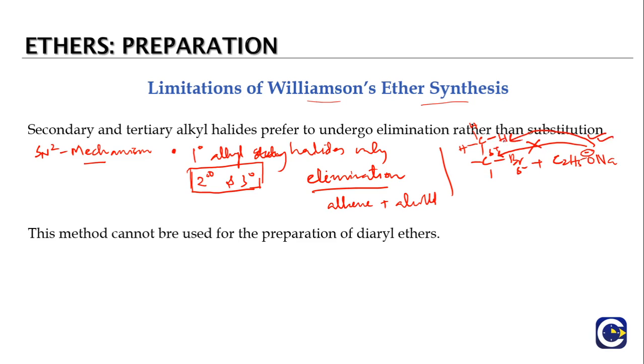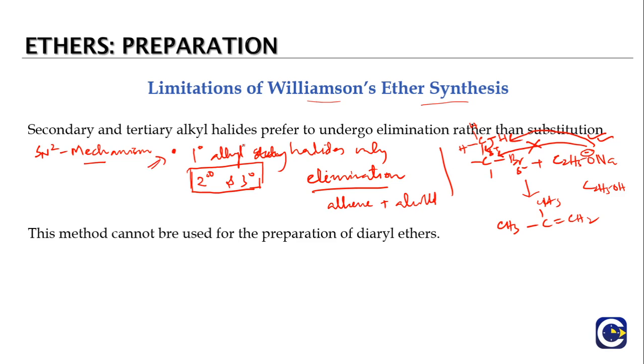This pathway is followed, and there is a formation of a double bond between this carbon and carbon. As a result, the resulting product is only the alkene, CH3, and we have CH2 here. In addition to this, we have the formation of the alcohol, C2H5OH. So this is one of the limitations of Williamson's ether synthesis.